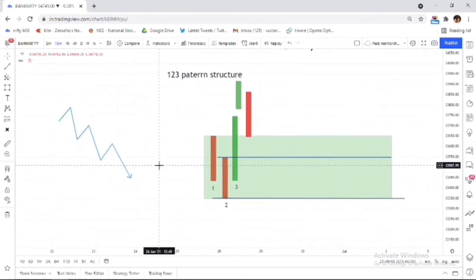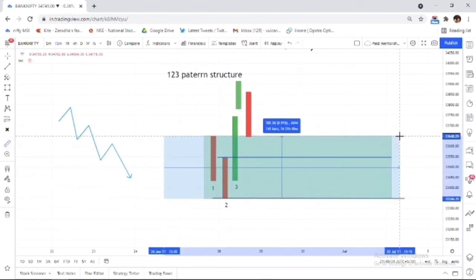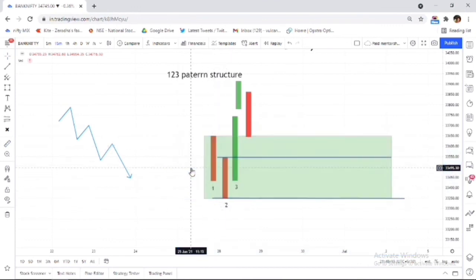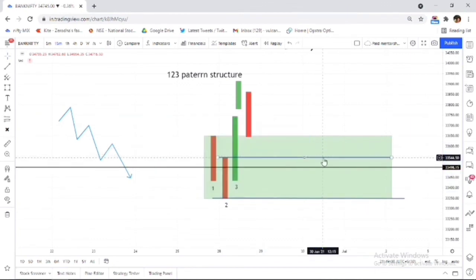In this instance the market was making a red candle, and you should not fear to buy the market in a red candle. Now measure the box and divide the box by half. I will call this middle line my threshold line.